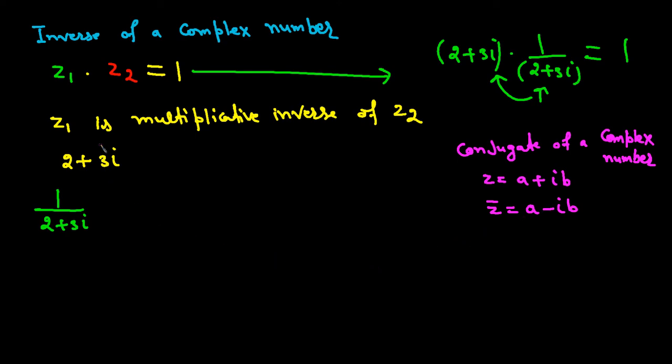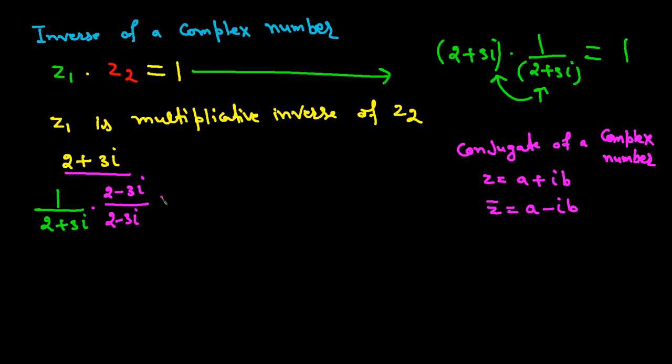So that's how you can define the conjugate of a complex number. So in this example, they said find the multiplicative inverse of this number, which is 1 over 2 plus 3i, and we can rewrite this in the standard form of a complex number. Then what we need to do is multiply this number by the conjugate of the denominator, which is going to be 2 minus 3i over 2 minus 3i.